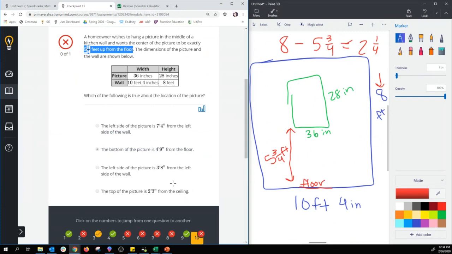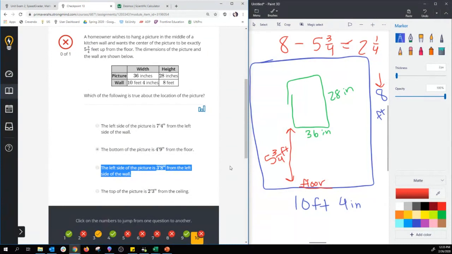Sorry, I'm trying to process the answer so I know where I'm going. Top of the picture is 2 feet and 3 inches from the ceiling. Let me double check the answer on this one. Yeah, sorry. On this one, the answer is the left side of the picture is 3 feet and 8 inches from the left side of the wall.